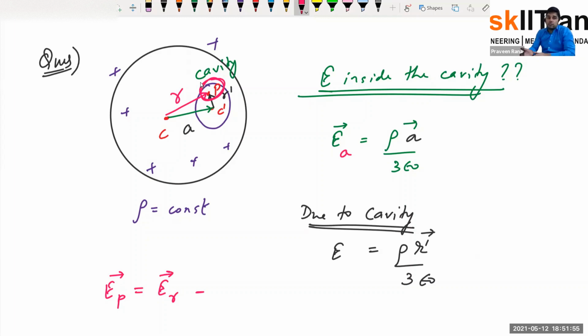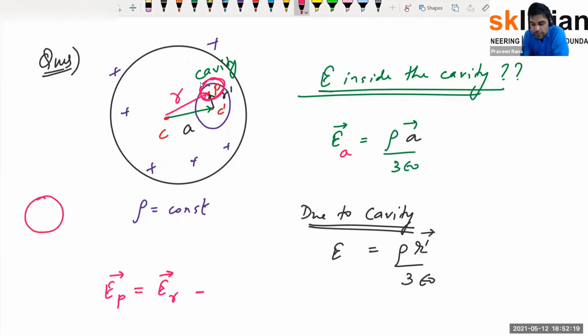If you remove a charge, how do you think the electric field would change? It would reduce. So if you have a charge and then remove some part of it, let me explain in a simple sense.